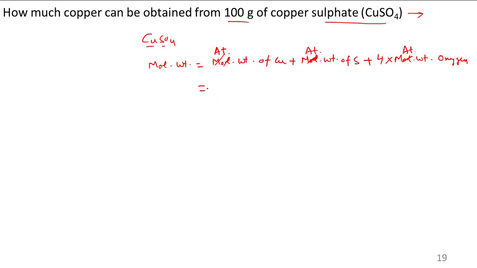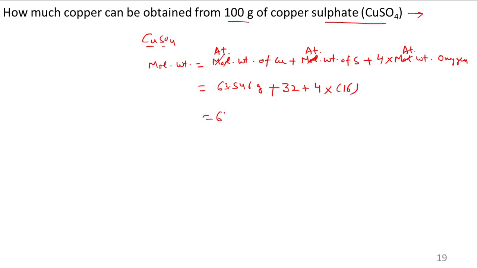Now atomic weight of copper is 63.546 gram, plus atomic weight of sulfur is 32, plus 4 into atomic weight of oxygen, which is 16. So all these have unit of gram.